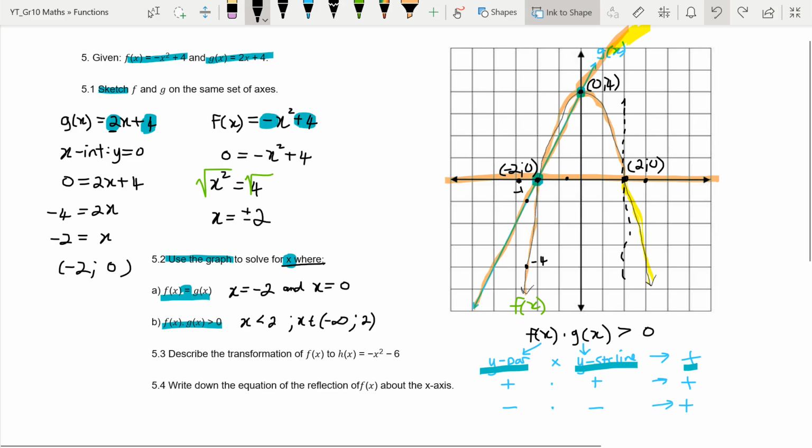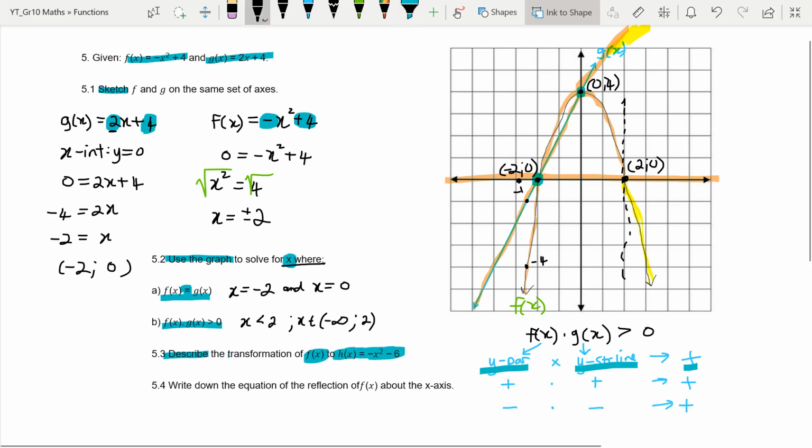Okay, let's head over to 5.3. For 5.3, it says describe the transformation. So we need to describe the transformation of f. So that means the parabola. How is the parabola transforming to get to this one?